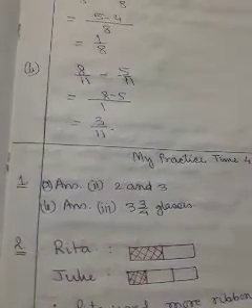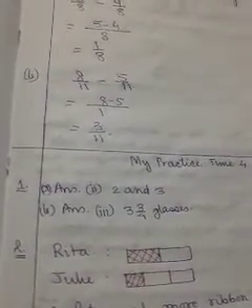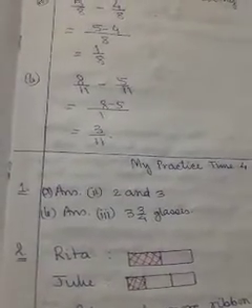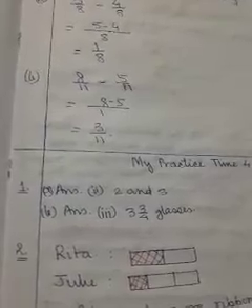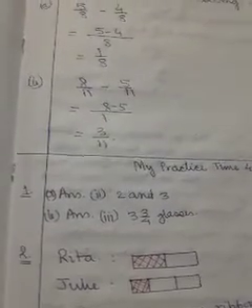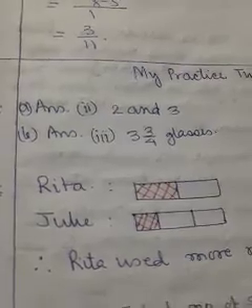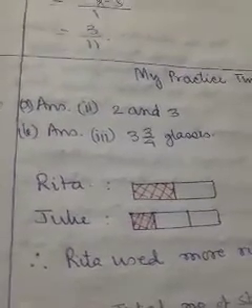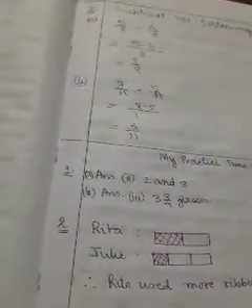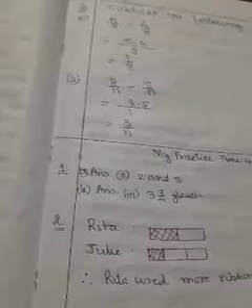The number of chocolates he gave is between 2 and 4, greater than 2 but less than 4. That's why option number 2 is correct. So I have written here answer 2 and 3, option number 2. Similarly, here also in B, option number 3 is correct.